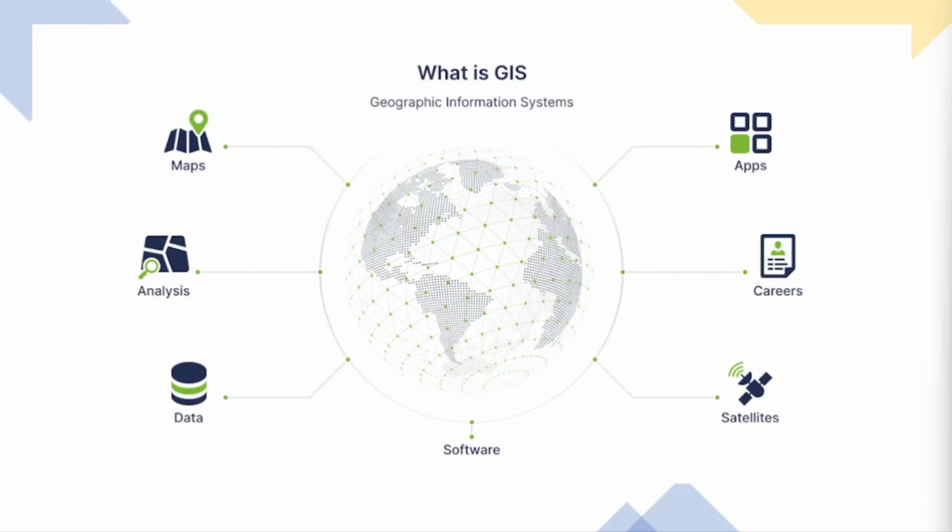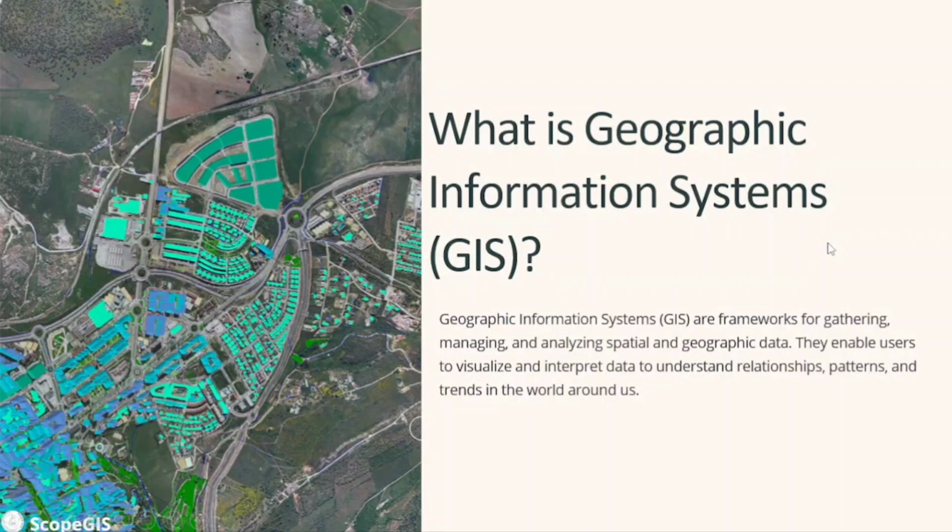At its core, GIS is a framework used to gather, manage, and analyze data that is rooted in the science of geography. It integrates many data types and also analyzes spatial location and organizes layers of information into visualizations by using maps and apps and 3D scenes that are available within the GIS platform.